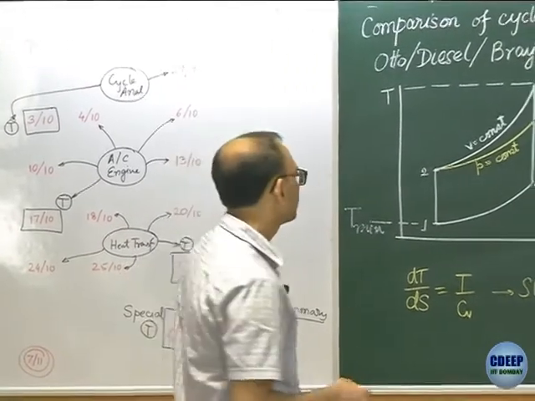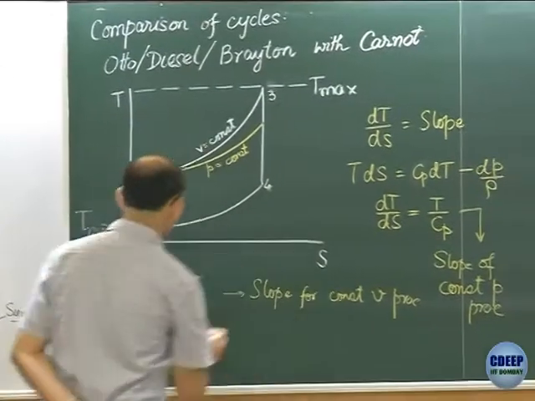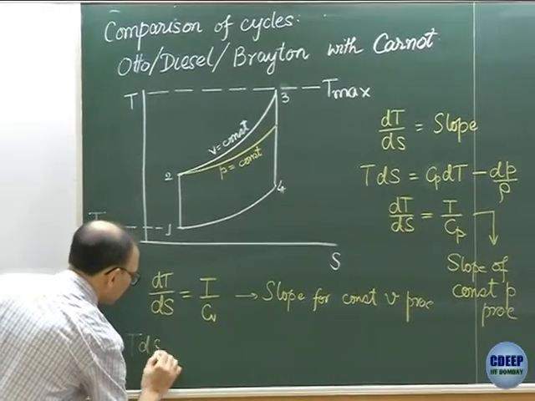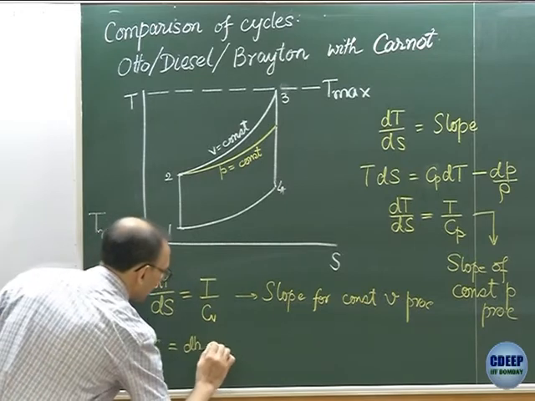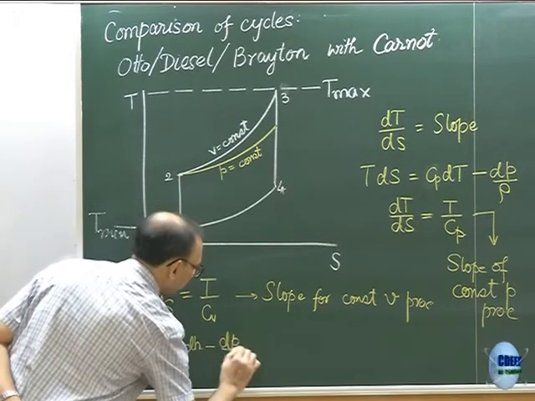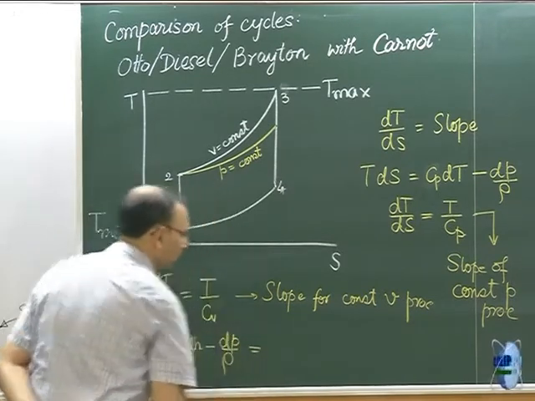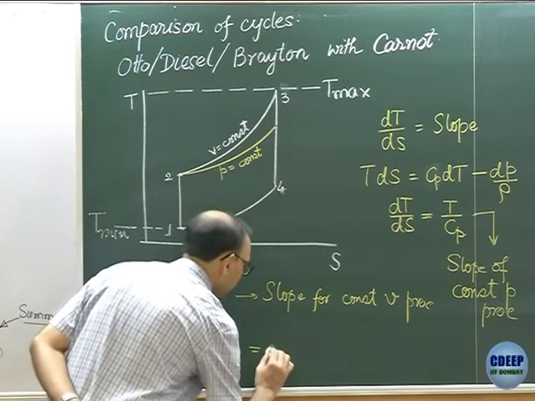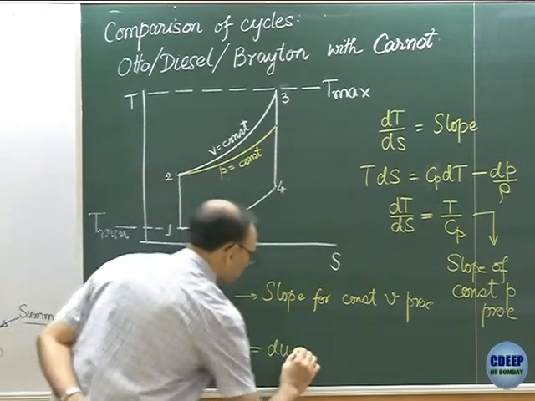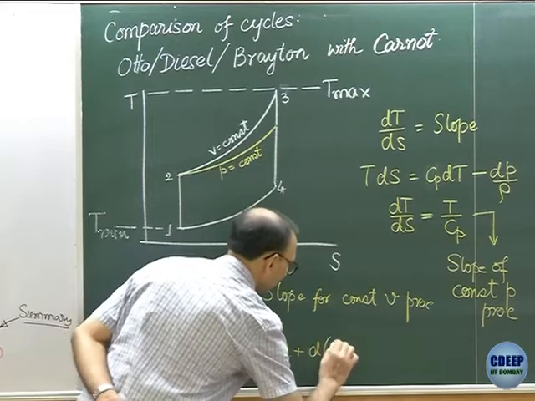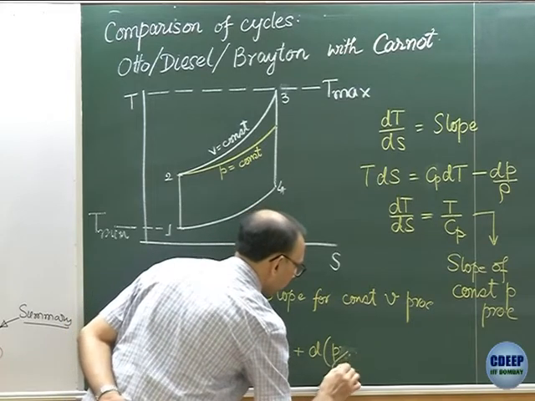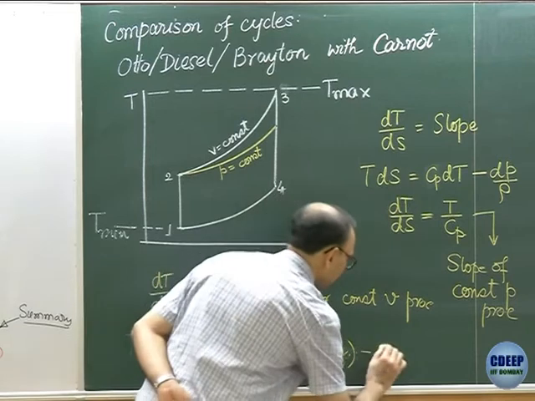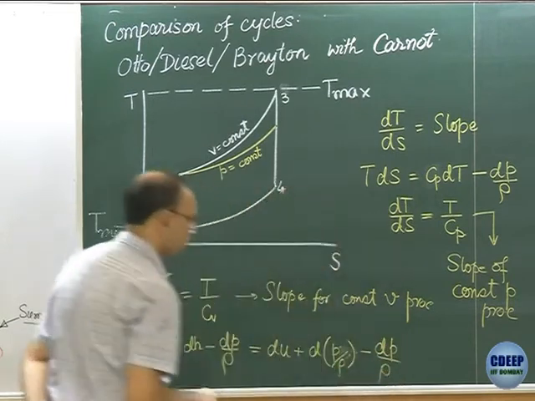Can you see it? Can you replace TdS equal to dH minus dP by rho? I'm doing it because I wanted you to be fluent with this. It's dU, which is internal energy, plus d of PV or P by rho, minus dP by rho, right?